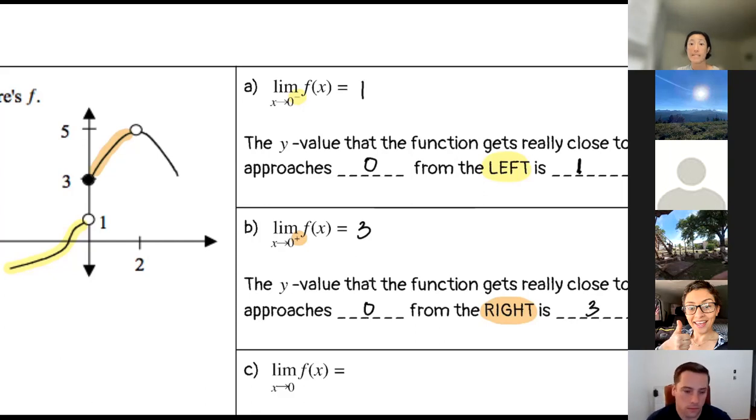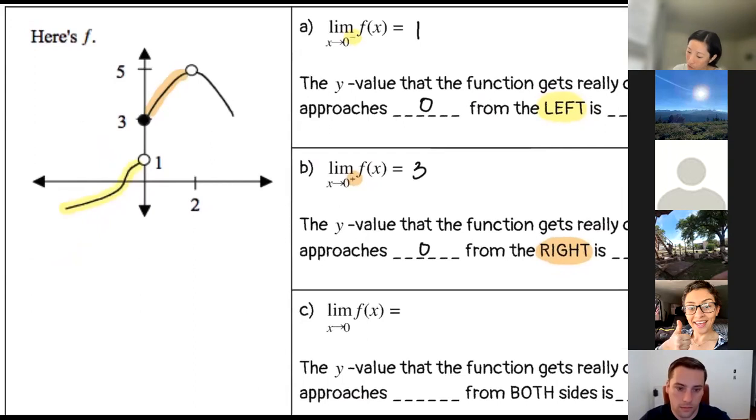Yes, it does, right? And that's okay. But what about A? Does the function actually get to 1? No, right? And so that's also okay. It doesn't matter what's happening exactly there. We only care about what's happening from the different sides, okay?